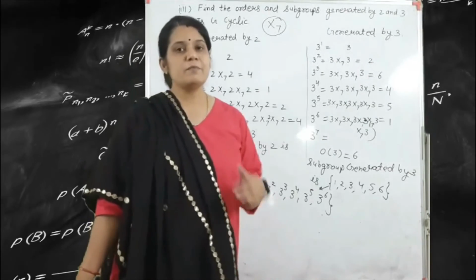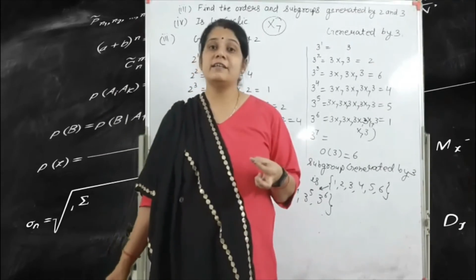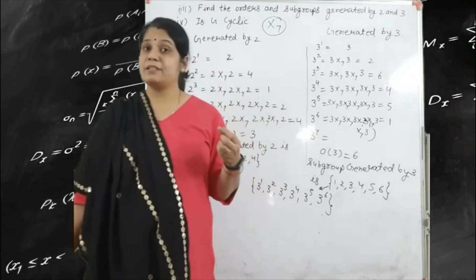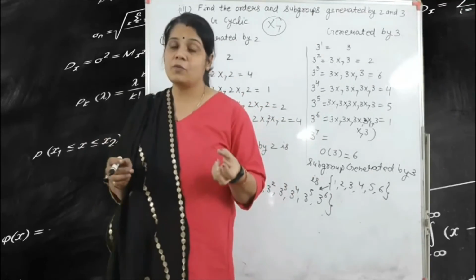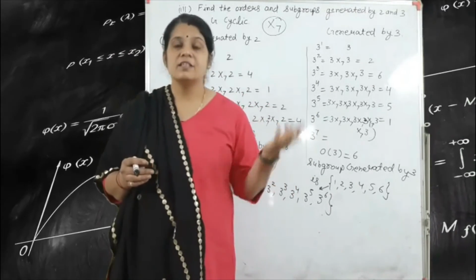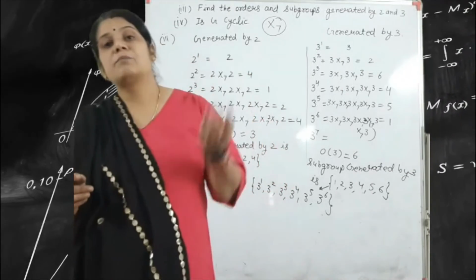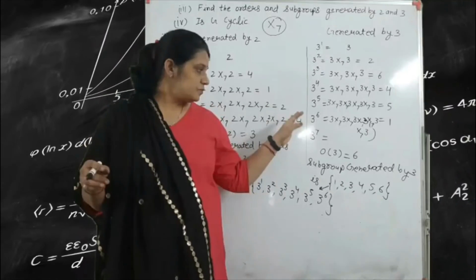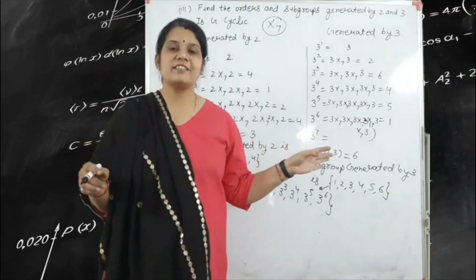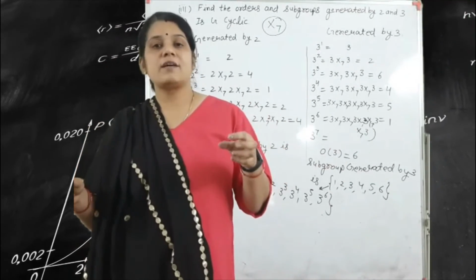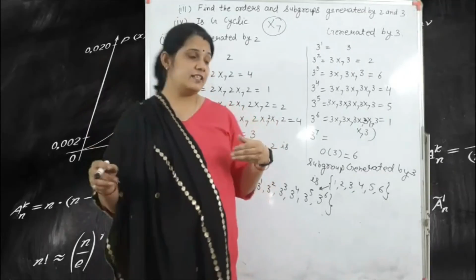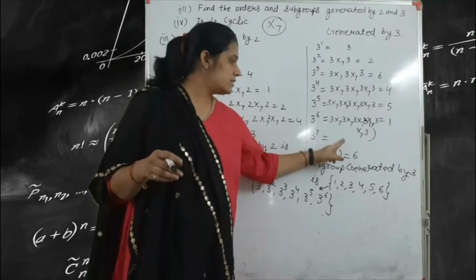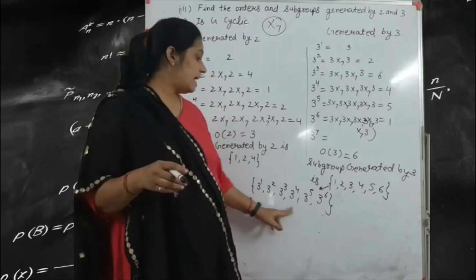Okay, so this is a very important example, because according to this example we find multiplication modulo, next the inverse, next the order and the subgroups, and last the cyclic group. Okay, so the cyclic group and the generator are correlated, because if the generator is present, according to all these elements, we get the identity element.